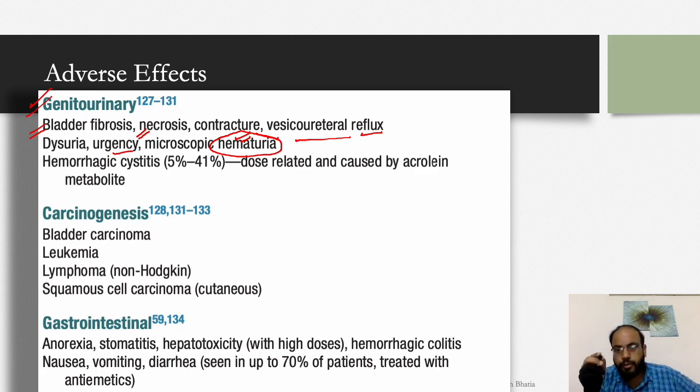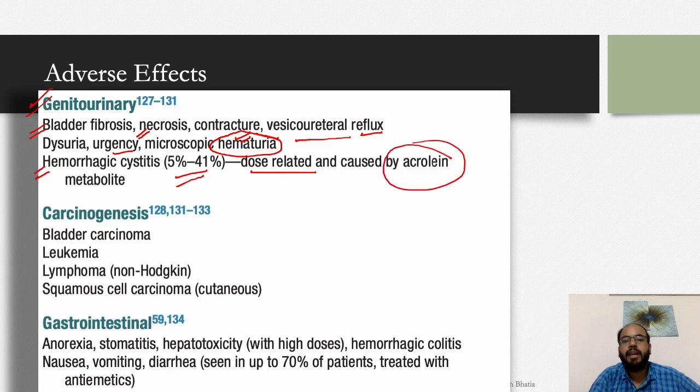So, if any of your patients on cyclophosphamide therapy develops hematuria or hemorrhagic cystitis, you just have to remember that you have to be very, very careful in monitoring the urinary parameters for that patient. Keep them in long-term follow-up for development of any transitional cell carcinoma in the urinary bladder, and if possible, switch them to other immunosuppressive drugs. Hemorrhagic cystitis is seen in 5 to 41%. It is dose-related and caused, as we have already mentioned, by acrolein, a toxic metabolite of cyclophosphamide.